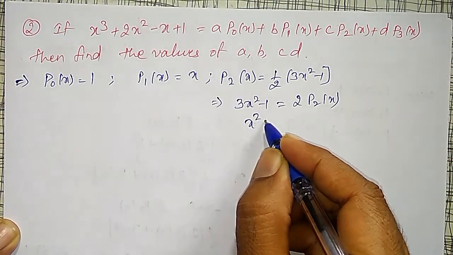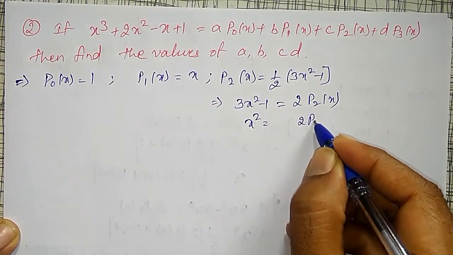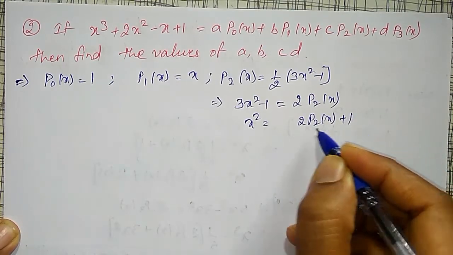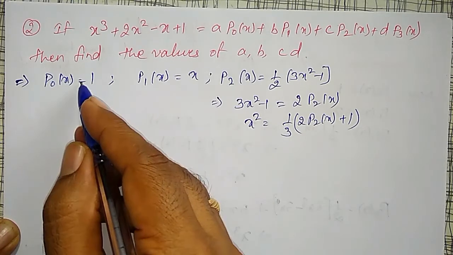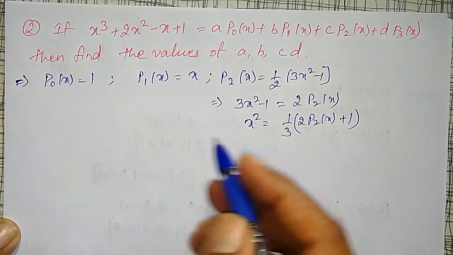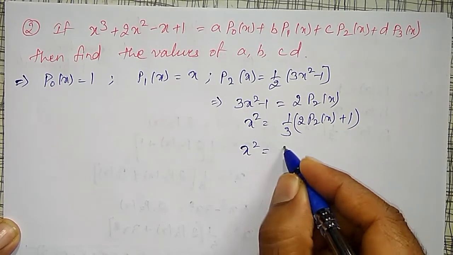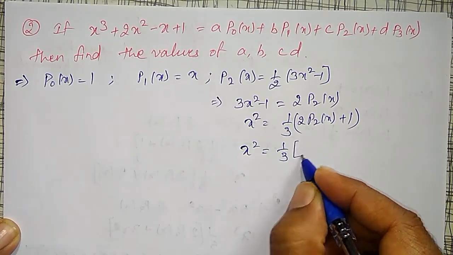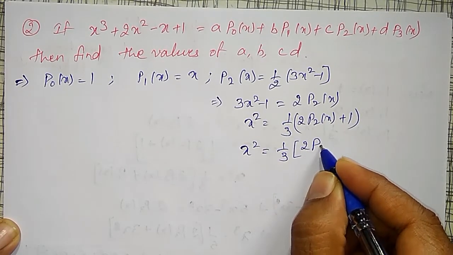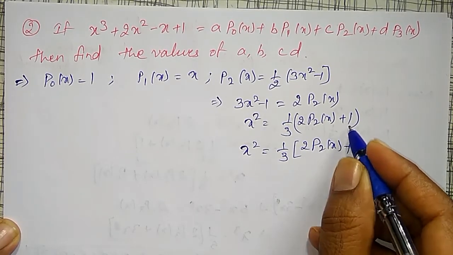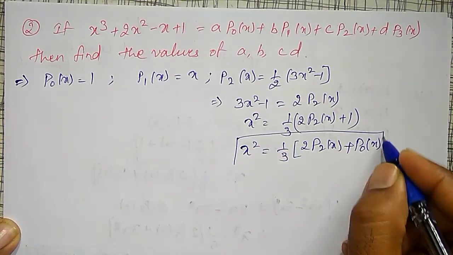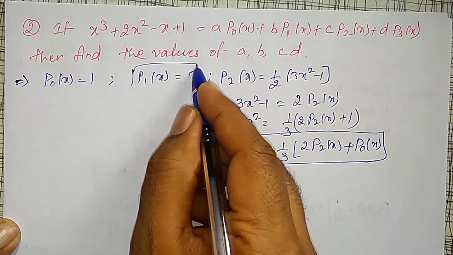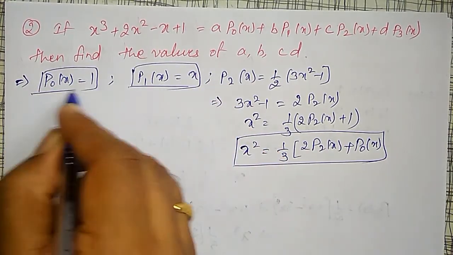Therefore, x square is equal to (2 P2 of x plus 1) into 1 by 3. But this 1 can be replaced by P0 of x. Therefore, x square is equal to 1 by 3 times (2 P2 of x plus P0 of x). And x I can write as P1 of x.